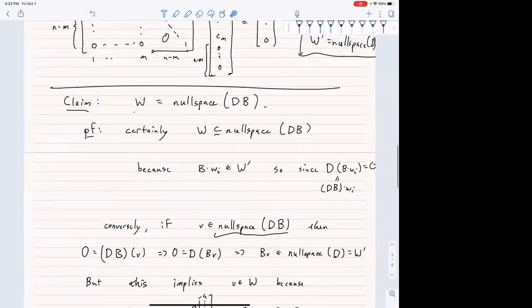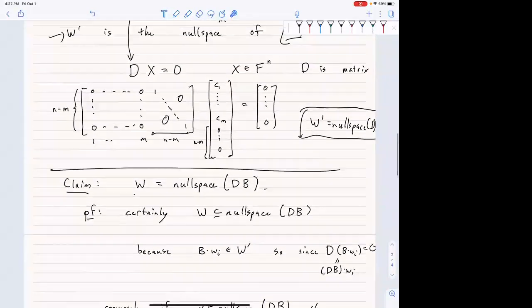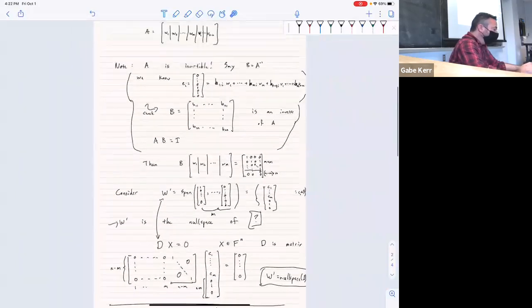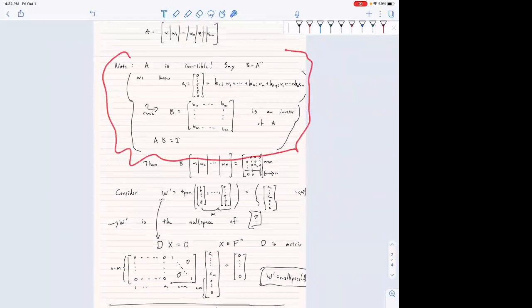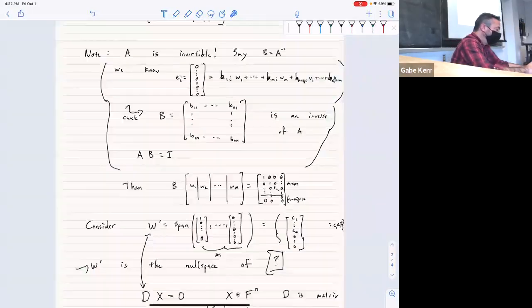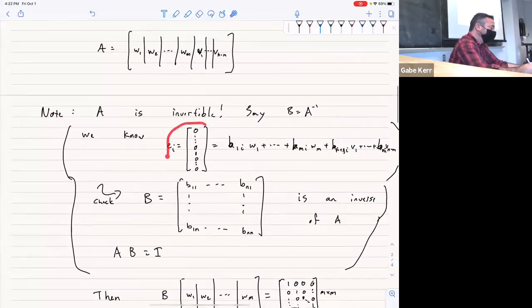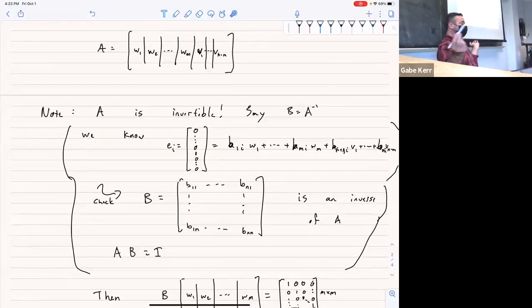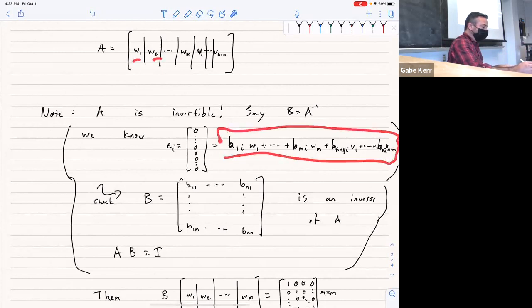Other questions? Do we still need to prove that A is invertible? No, you don't need to prove that. I think this has the proof here. It's saying that the standard basis vectors are in the span of B. We've got a basis B, so we can find some linear combination.